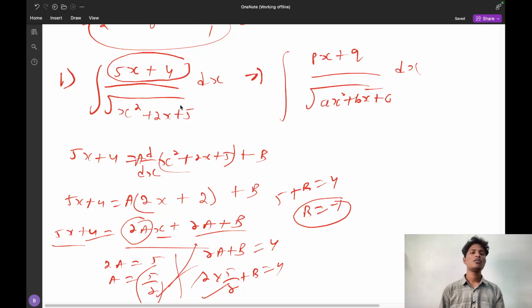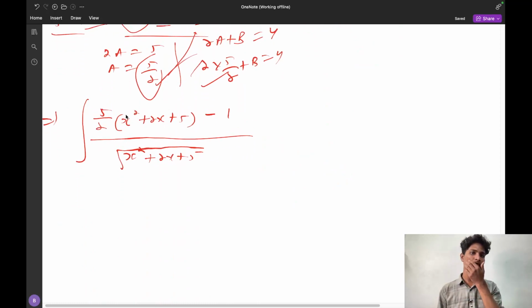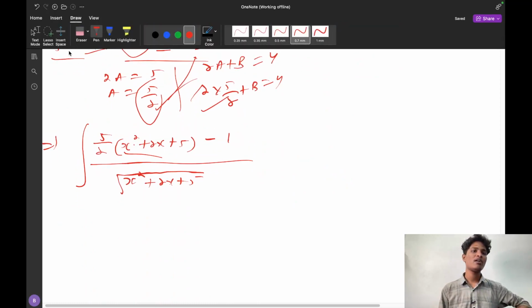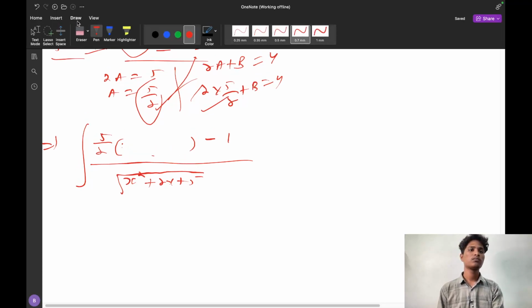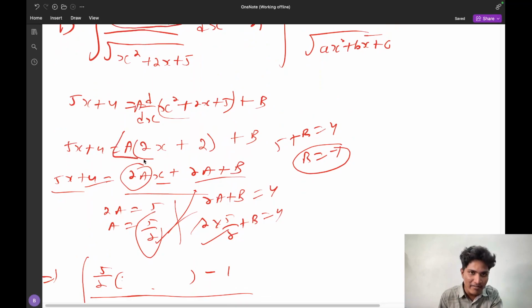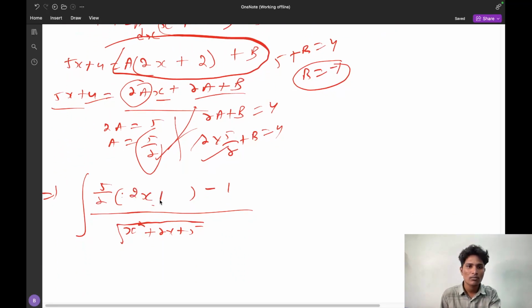Here we should not write it as x square plus 2x plus 5, because, as I explained in the previous one, I am taking the derivative of the denominator into consideration, so I have to write 2x plus 2.